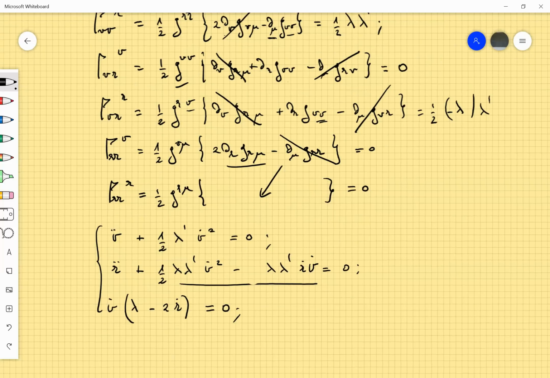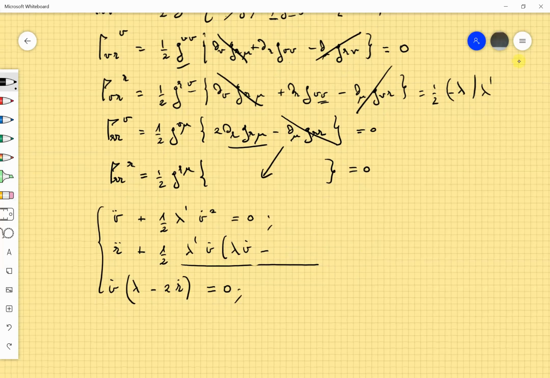And if I take lambda prime and v dot as a common factor, then I get lambda v dot minus 2 r dot. Okay, here I have forgotten also a v dot from the square. Okay, sorry for all the mistakes.